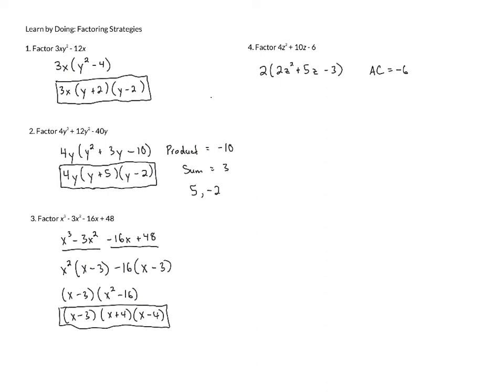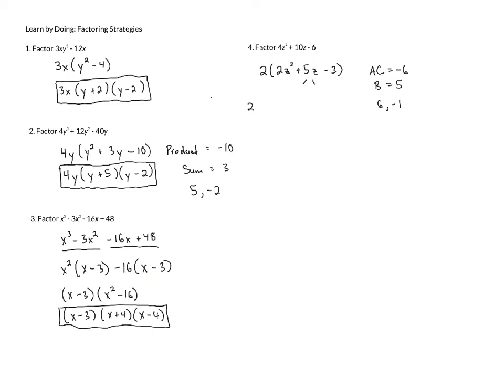Also, the sum B is equal to 5. So we want two numbers that have a product of negative 6 and a sum of 5. What are these numbers? The numbers we're looking for here are positive 6 and negative 1. Since we're using the AC method, we need to split the middle term using these numbers as coefficients.